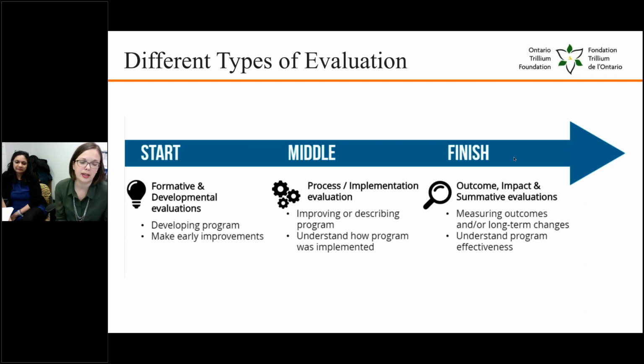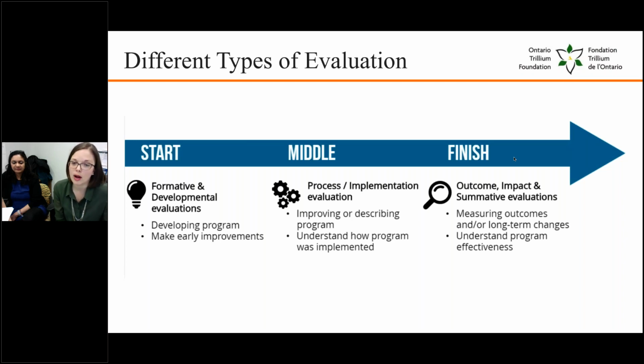So you might want to do something like a process or an implementation evaluation that can help you improve your work, understand how it's being implemented, and help you understand things like to what extent your program is being implemented as you hoped it would be, and whether the program is accessible or liked by the participants. So the results of these evaluations can help strengthen your program and can help you inform future iterations.